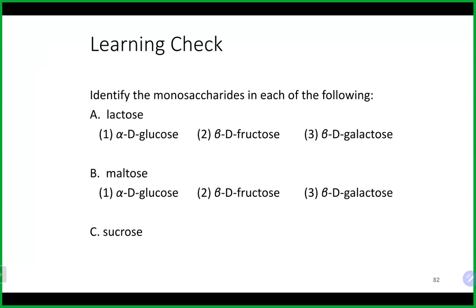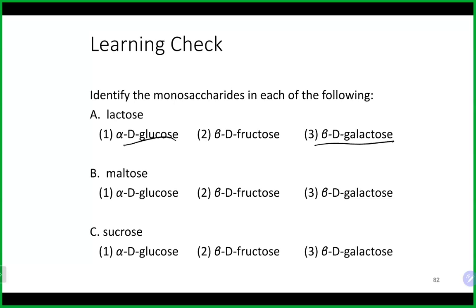All right, so for each of these, take a moment: what are the 2 monosaccharides that make up each of these? Okay, let's take a look. Lactose is a combination of glucose and galactose. Maltose is a couple of glucoses together, I'll circle it twice.